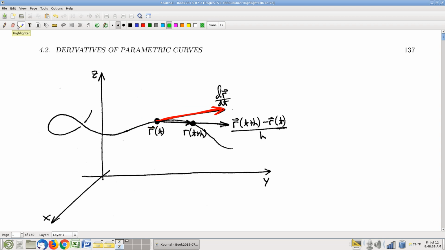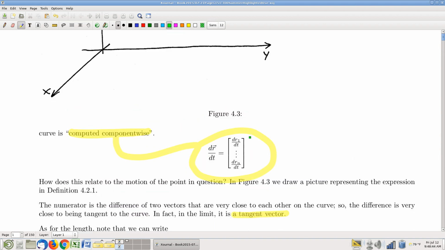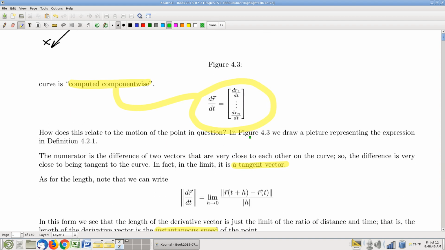Well, we're looking at the magnitude here. Where did I write this down? Here we go. The magnitude of that displacement vector, which is distance. And then we look at the absolute value of the denominator, the absolute value of h.